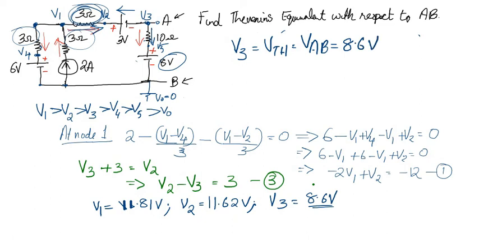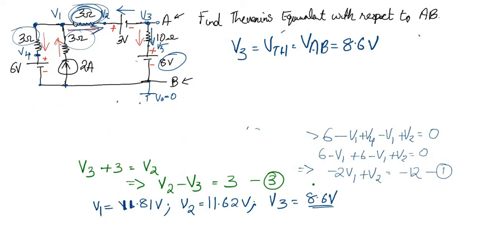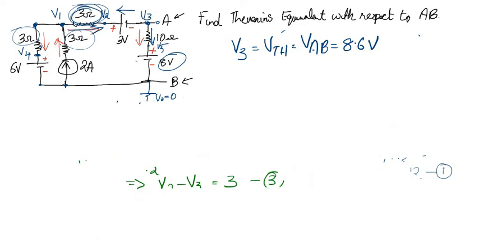Now the next step is to find RTH. In order to find RTH, we'll be replacing all the sources with their internal resistance. Let us see how we are going to do that. Let us redraw the circuit with only the resistors.